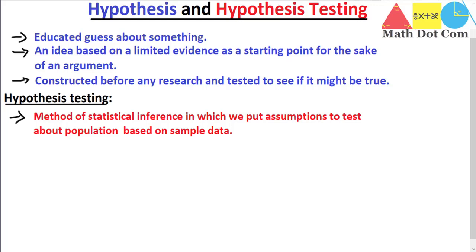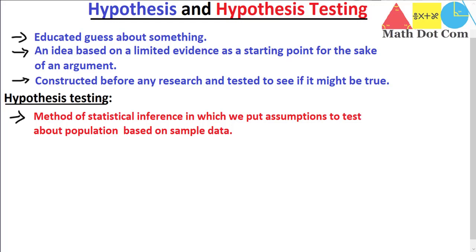So hypothesis testing is a method of inferential statistics because we make inferences or assumptions based on the hypothesis, and then we try to prove those assumptions or hypotheses using different statistical methods.